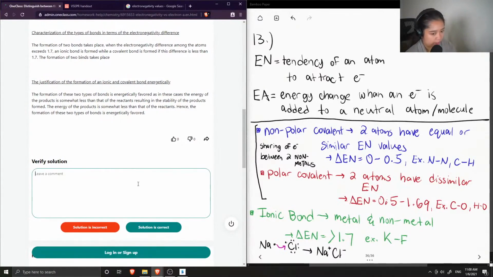Okay, so I'll also add the ranges for nonpolar and polar covalent. So this solution is correct. Also, the electronegativity difference for nonpolar covalent bonds ranges from 0 to 0.5.